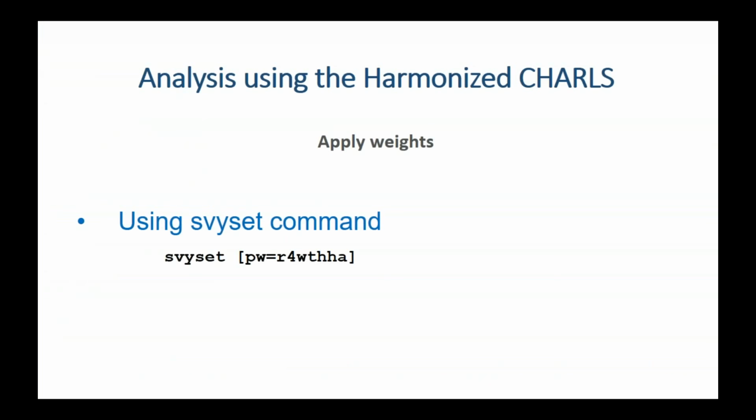Now we're going to apply our weights. One thing that's nice about Stata is that it has a lot of built-in tools for analyzing survey or population data, and one of those is the svyset command. This is the preferred way for telling Stata information about weights, about clustering, or about stratification, and those can be really important.